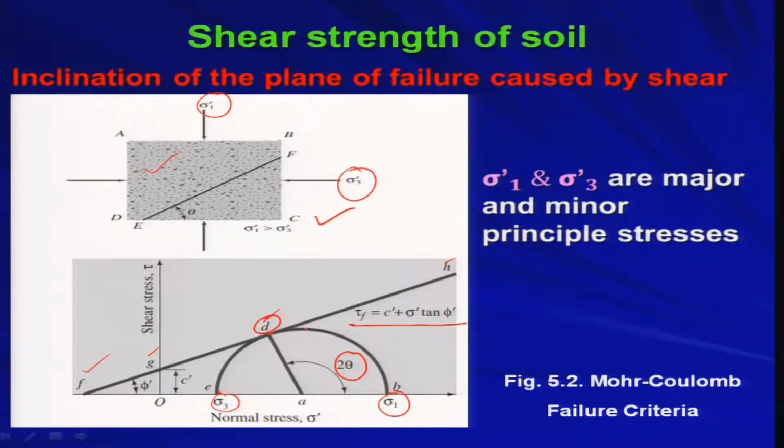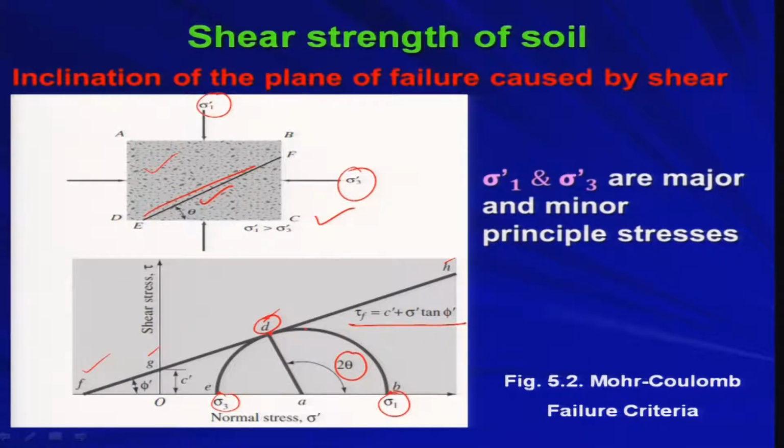So 2 theta is the angle between the major principal plane and the failure plane, because this is your failure point and this is your major principal stress point. In the physical plane, theta is the angle that EF, the failure plane, makes with the major principal plane. I hope you have understood this concept.